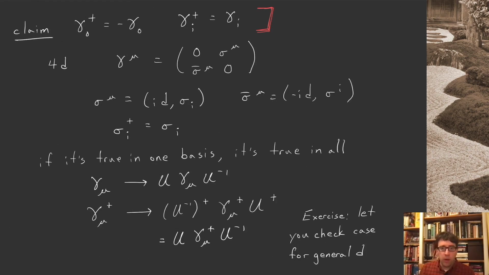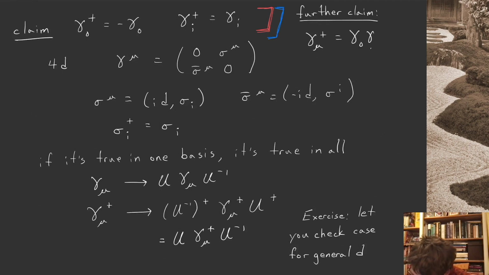There's one more thing I want to show before I move on and consider this Lorentz boost. We have this claim about what happens under Hermitian conjugation, and there's a further claim: I can write this more covariantly, or compactly, as gamma mu Hermitian conjugate equal to conjugation with the gamma zero matrix. You can see directly why that's true.